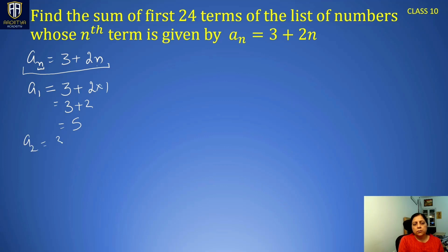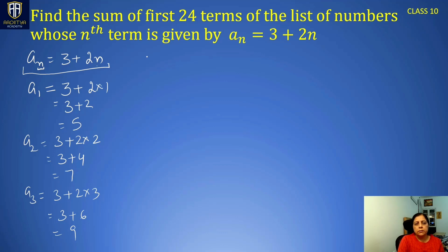A2 becomes 3 plus 2 multiplied by 2. 3 plus 4, that is 7. 3 plus 2 times 3. This is 3 plus 6, which is 9.